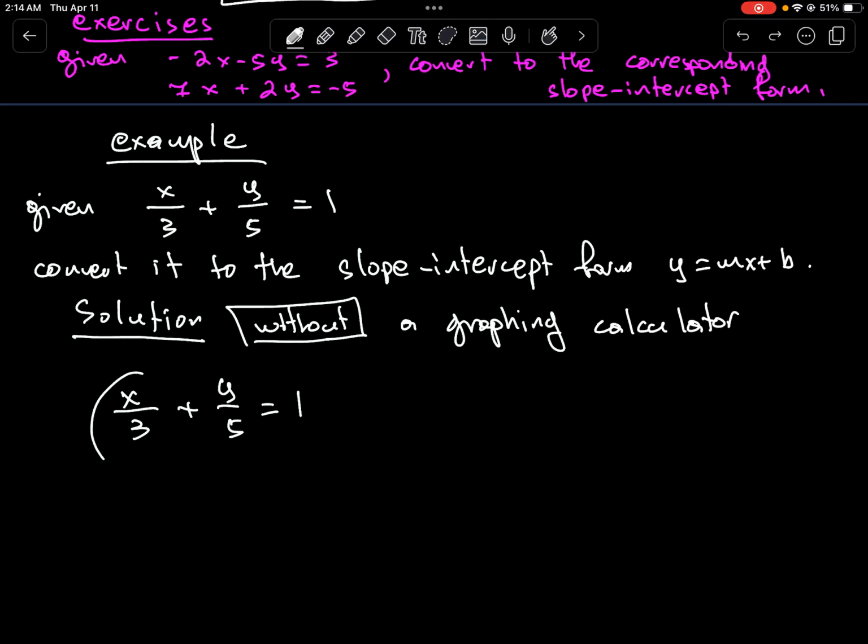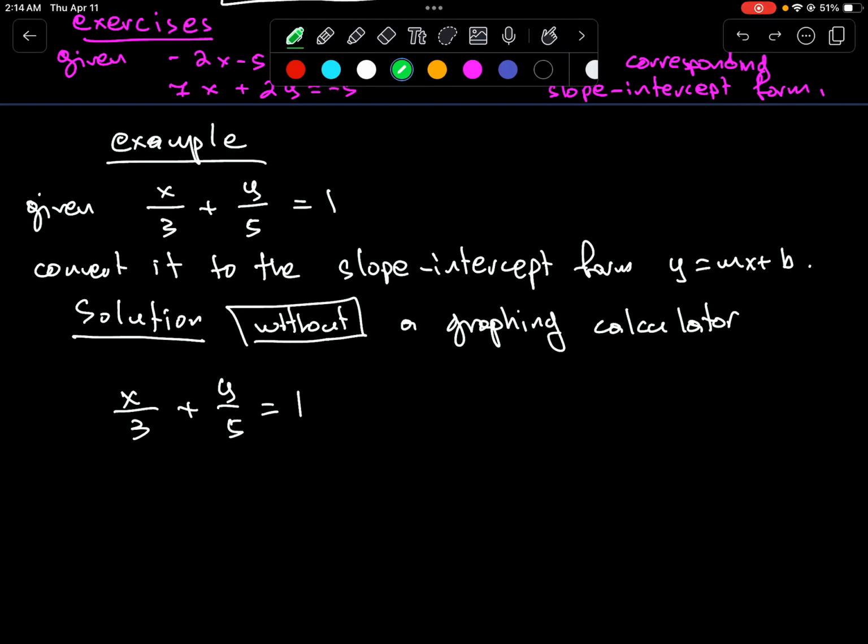Let's do PEMDAS to the left, nothing to do. Let's do PEMDAS to the right, nothing to do. Let's use the addition or subtraction property of equality to cross the bridge, move terms from what side? Since y is to the left, I need to get rid of that, so I'm going to subtract x over 3 from both sides.